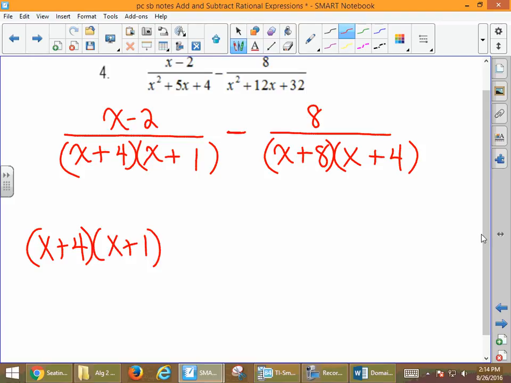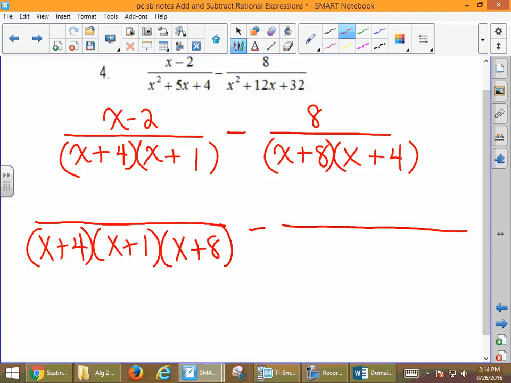We have an x plus 8 here, but we don't have it there. So there's our common denominator. It's the least common denominator. And we've seen that even if we find the least common denominator, we still might have to simplify some more when we think we're done.